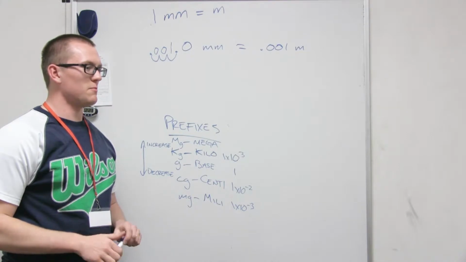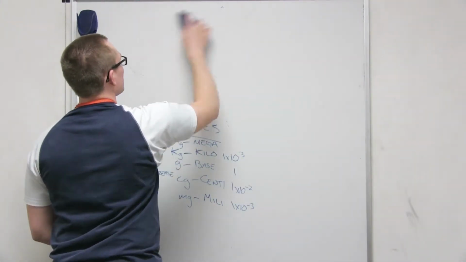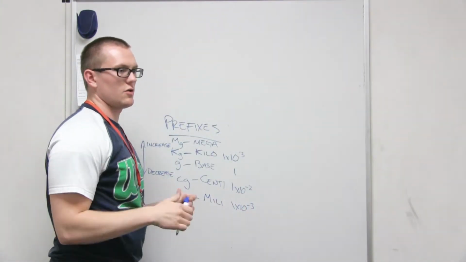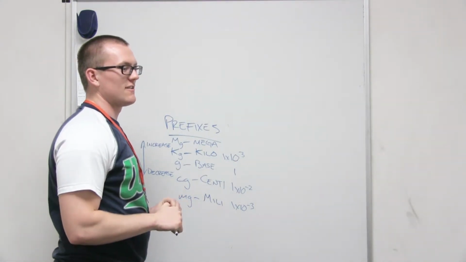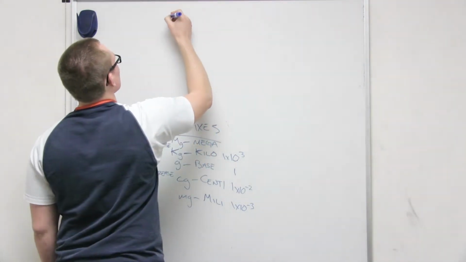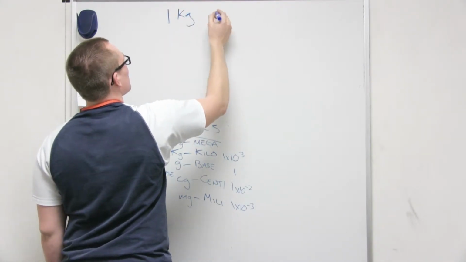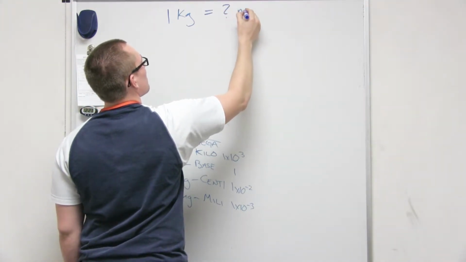Did you want to try it one more time? Yeah. This time I'll give you 2 different problems and let you work through them, and then we'll come up with it afterwards. All right. So let's do 1 kilogram equals how many milligrams?